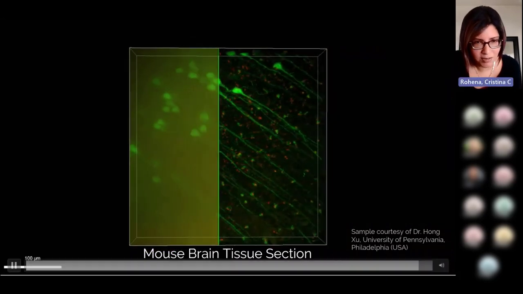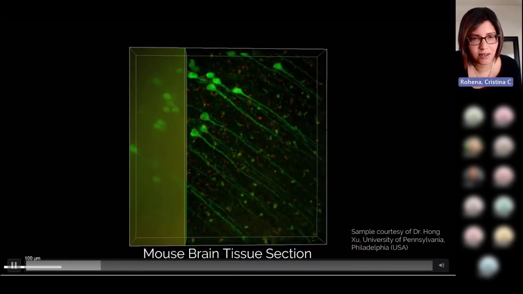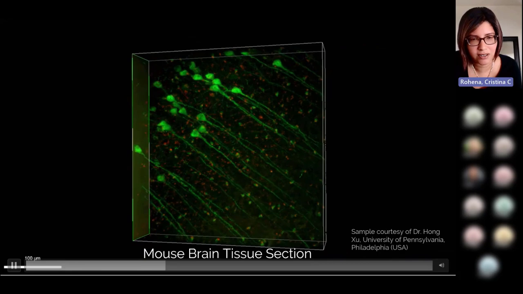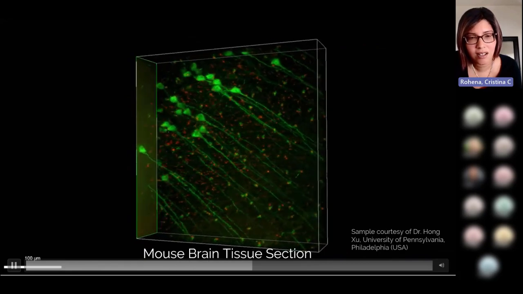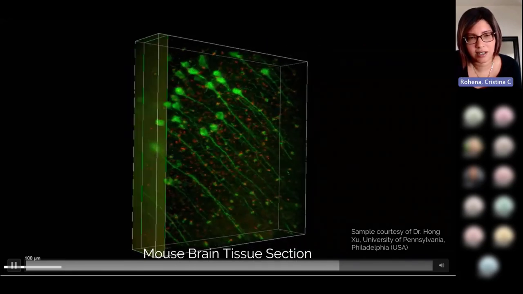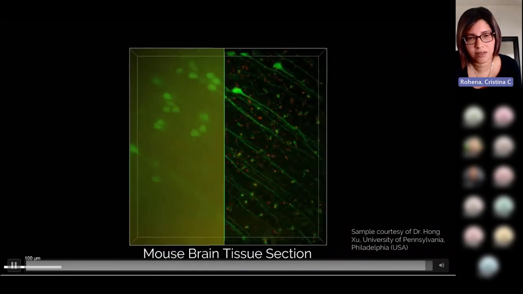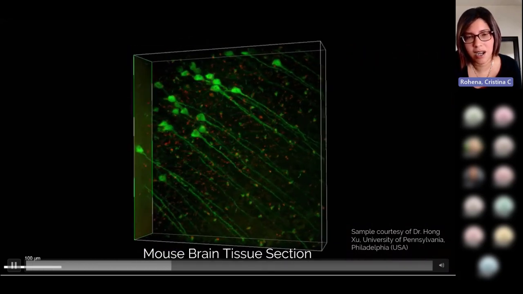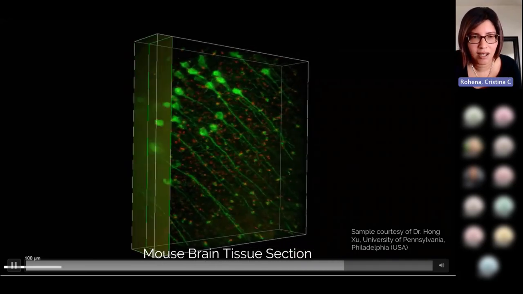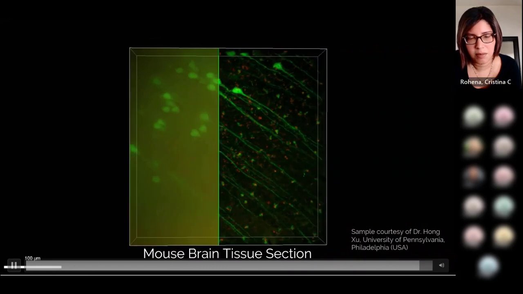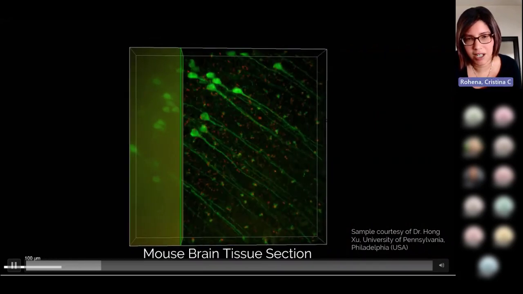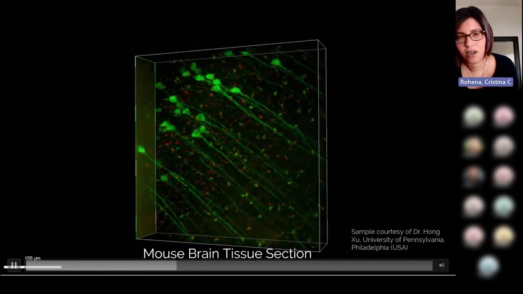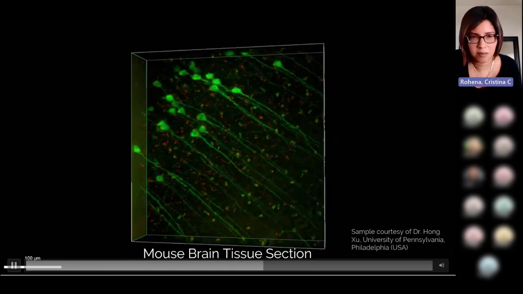When you see the raw image here, you can see the head of the neurons, but you can't see any of the projections, any of the neurites at all. And really, those GFAP tagged cells are quite difficult to visualize and localize. This would be an image that would not be able to be quantified in any significant way, and it's raw. But Thunder really reveals the detail behind it and allows you to get more relevant information from your images.